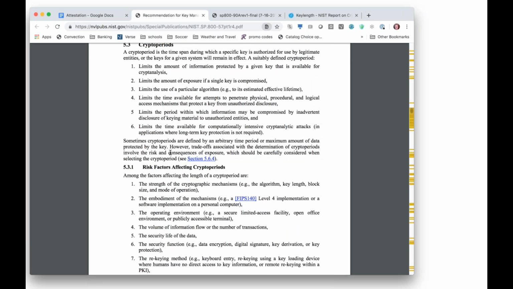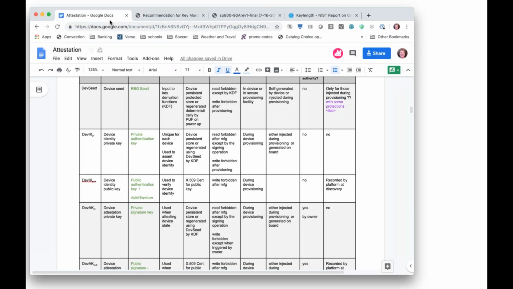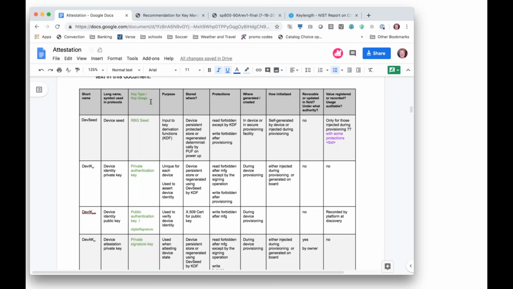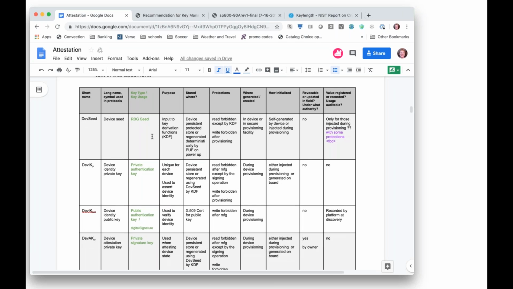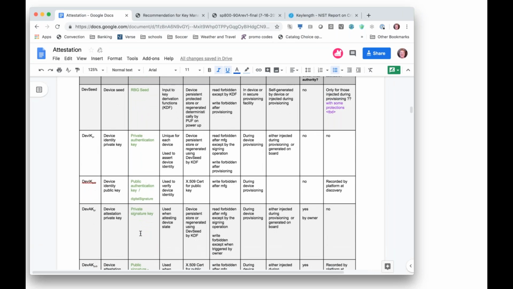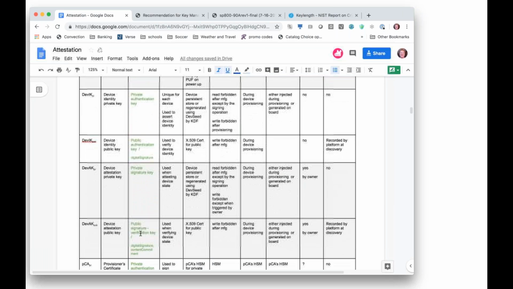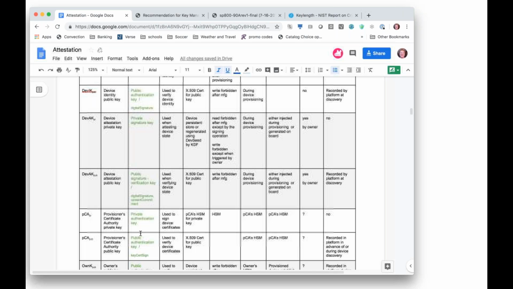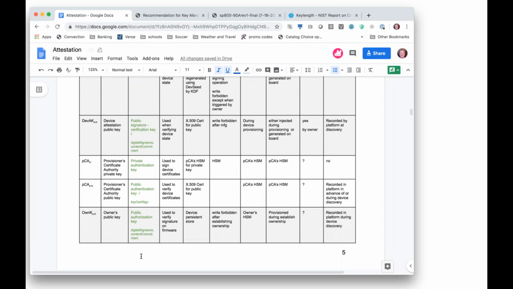So it's important to get this column right in the table, the key type and the key usage, because that's going to determine other things. Do I have a volunteer to check this work to make sure these are the right types of keys and usage?